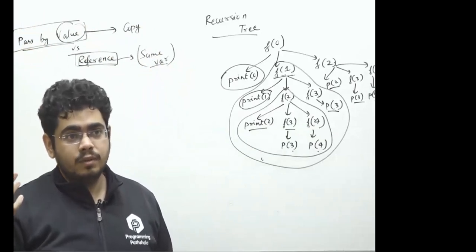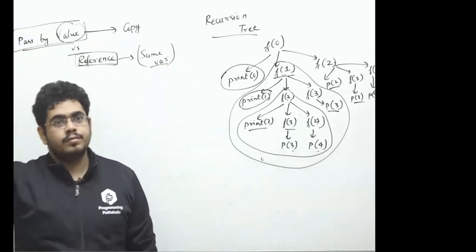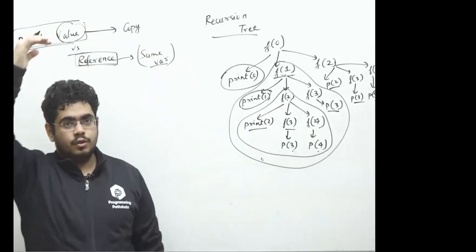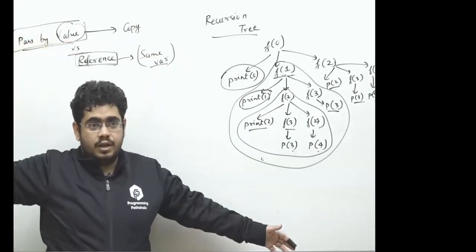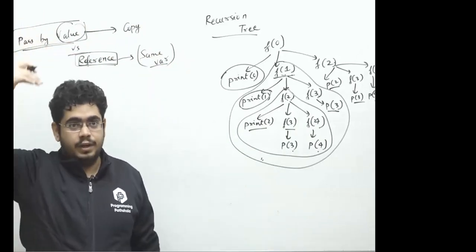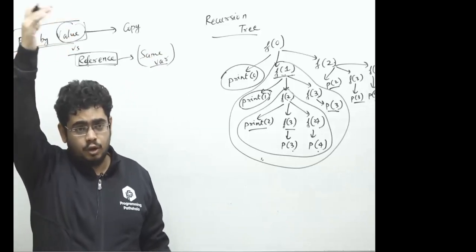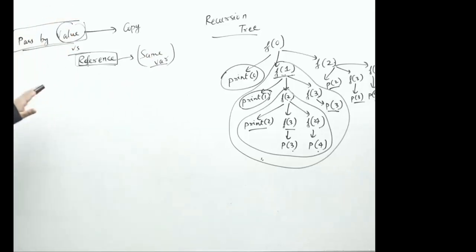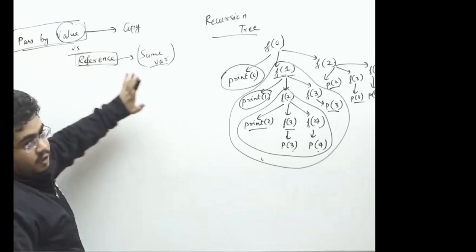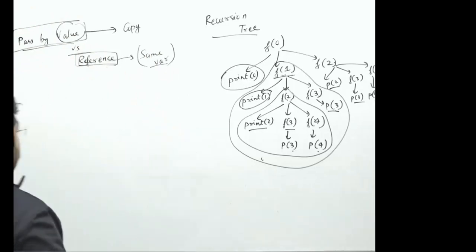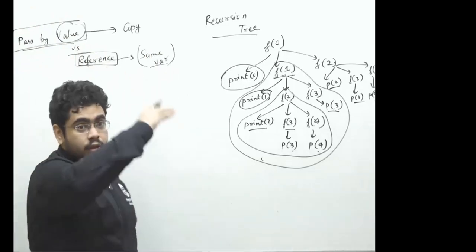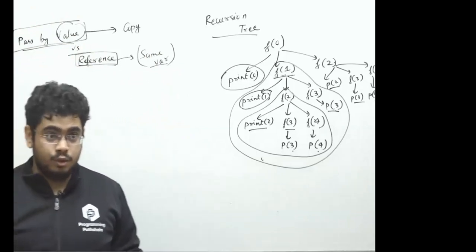Do you understand global? What is a global variable? A global variable can be accessed by everyone, right? And they can simply modify it. So whatever modification happens, it's at the top level. So same thing is here. When you pass by value, it's by copy. When you pass by reference, it's the same variable which runs throughout the code.